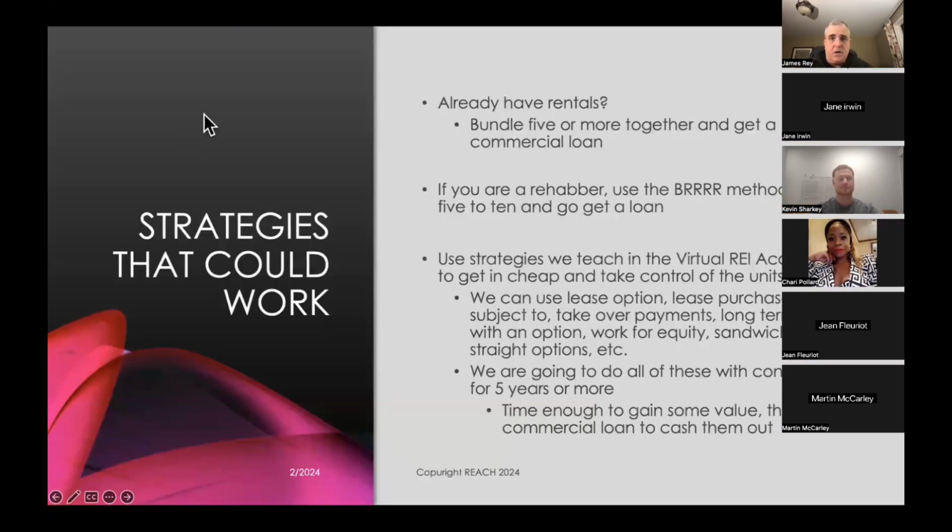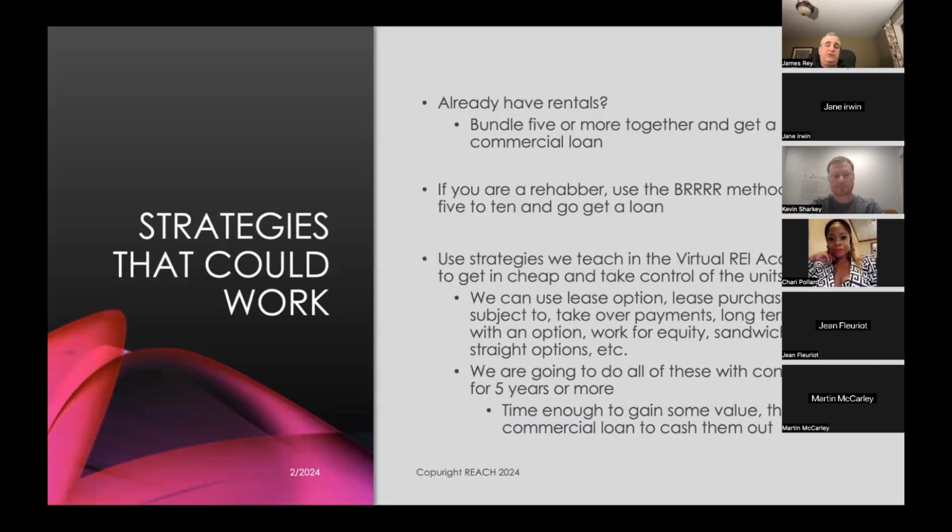All right. Okay, so if you already have rentals, like, we know people that before they got into multifamily had a lot of single family, you know, 100, 80, 75, that kind of thing. Now, it took them a very long time to get there. But they've accumulated a lot of them, and a lot of people don't have any, and some people have 3 or 4, whatever it is.